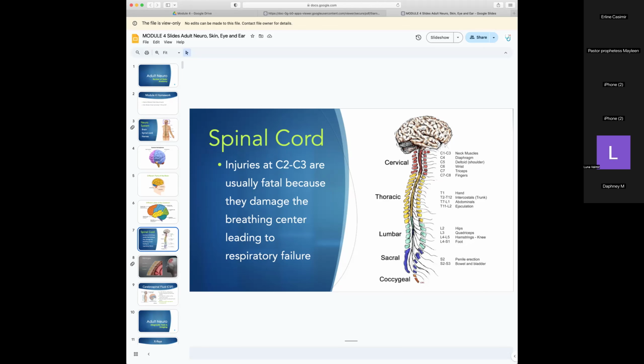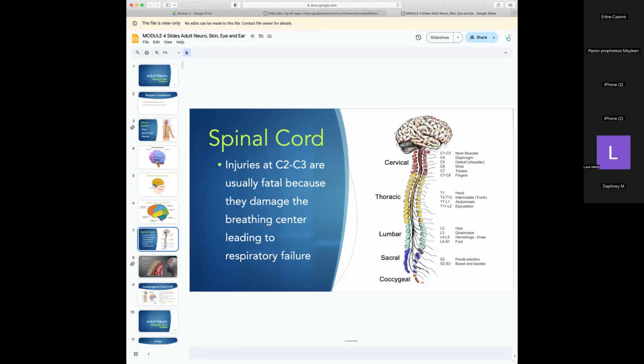Yes, protection. Protection from what? What's the big deal? Protection from injury. So are you trying to say that damage to the spinal cord could lead to death? Yes, absolutely. 100%.